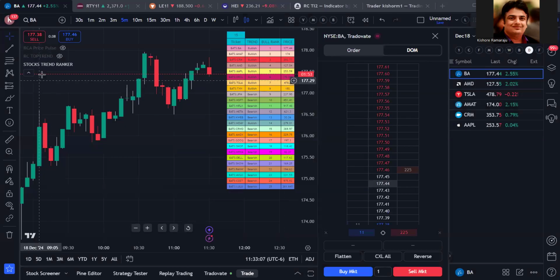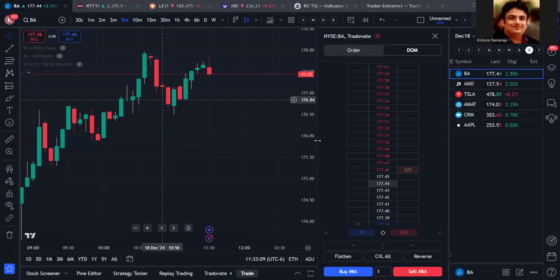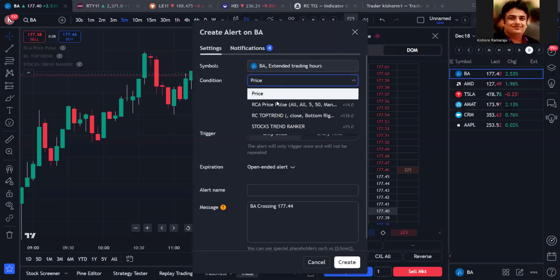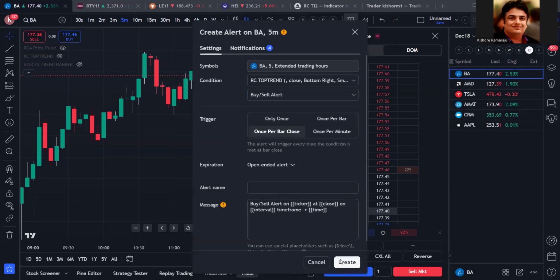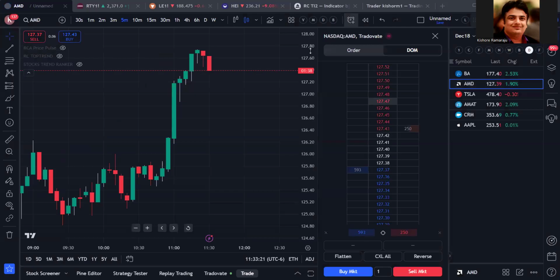So now your scanner is telling which tickers are good to look at today. Now I will go here and you create an alert, buy sell alert for BA, buy sell alert.